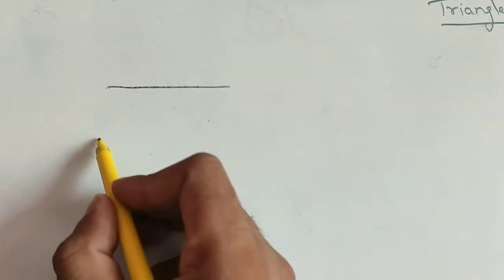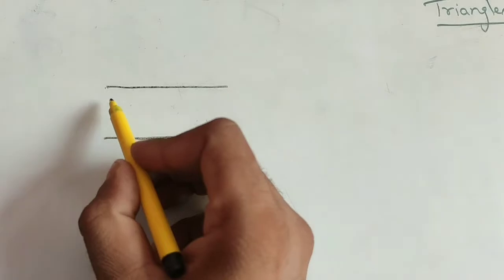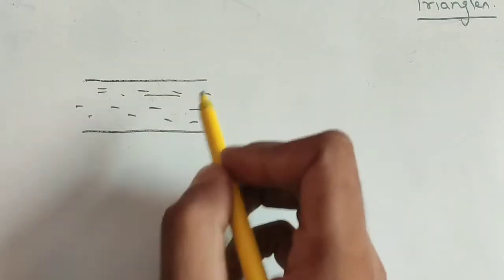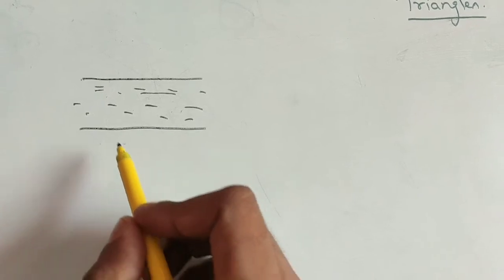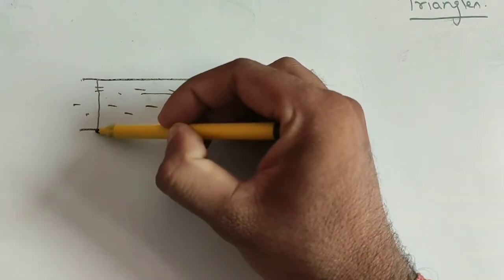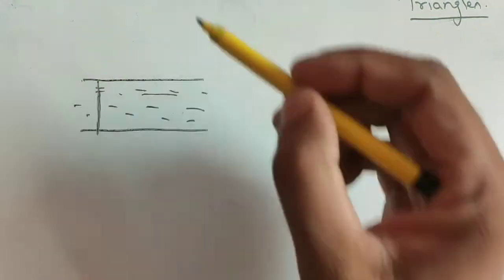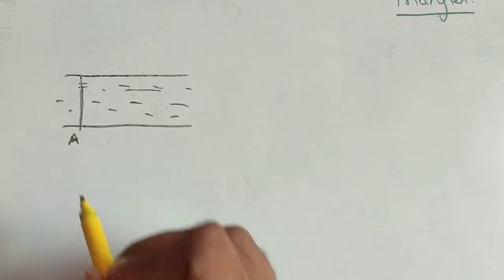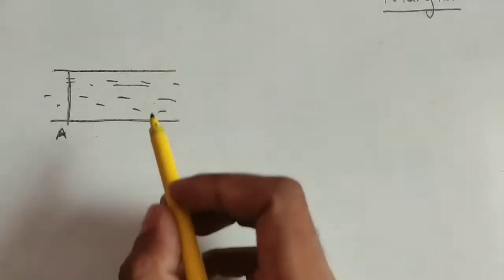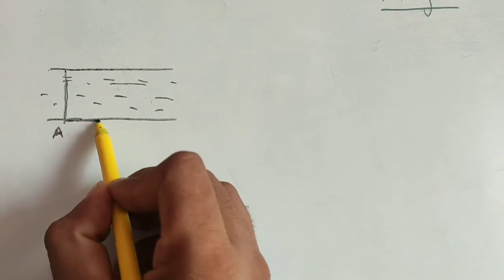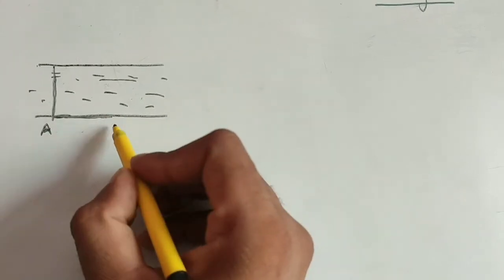Now in this, suppose we have, this is more of a real life problem. Suppose this is a river, okay, and we want to measure the width of the river. We want to measure this width of the river. So what we have to do, suppose this point is A. To measure the width of the river, we move along the river.